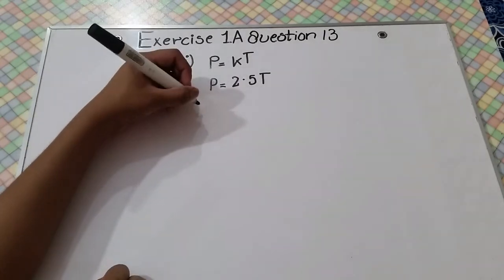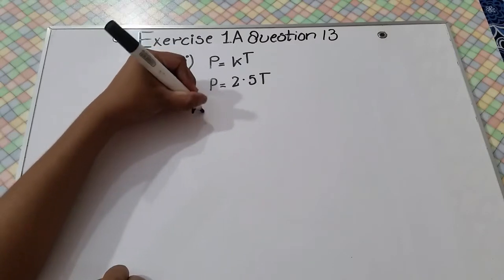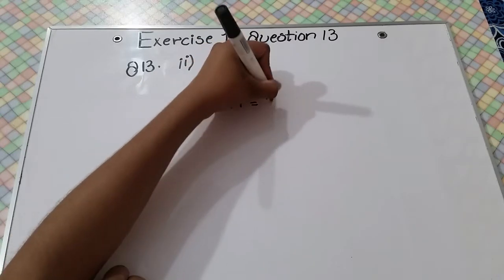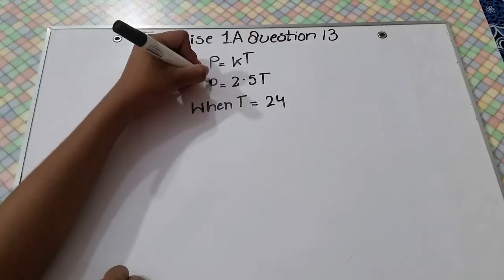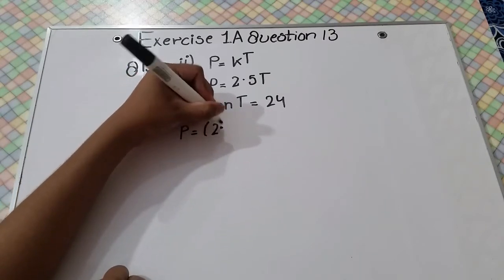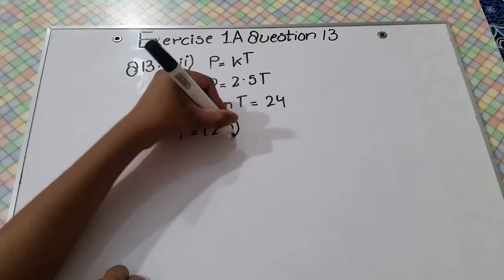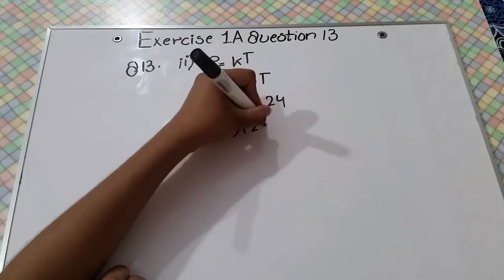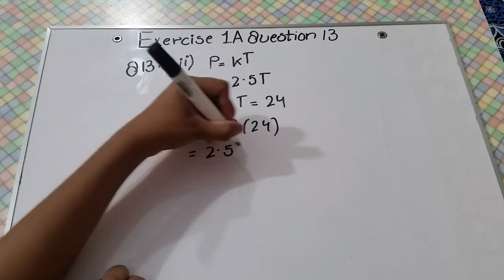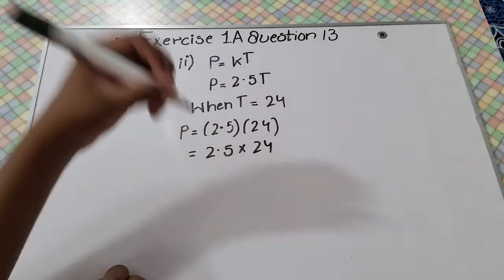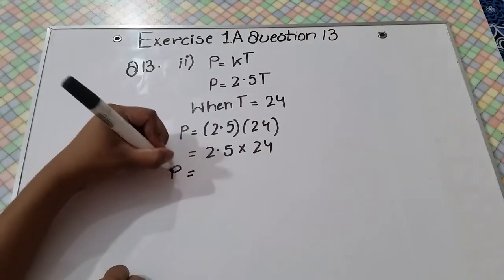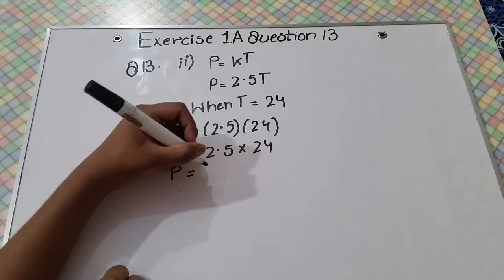So we are going to write when T is 24. Okay, so P is equal to 2.5 and 24. Simply we are going to multiply these two values, 2.5 multiplied by 24, and you can check the answer. The value of P is 60.